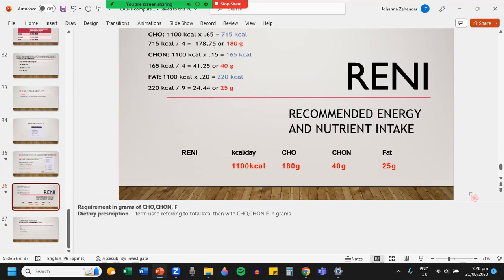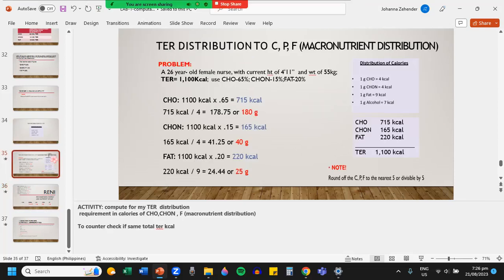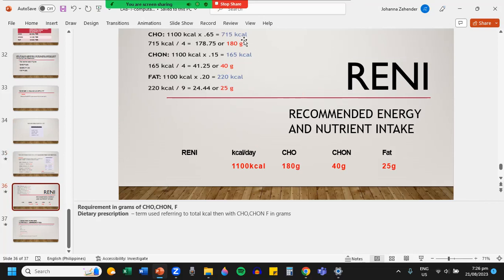Next, this is your computation for your recommended energy and nutrient intake, or your RENI. After arriving at your number of kilocalories, you're going to divide it by the number of kilocalories per macronutrient. Your RENI is basically this: in one day, your patient's TER is 1,100 kilocalories.